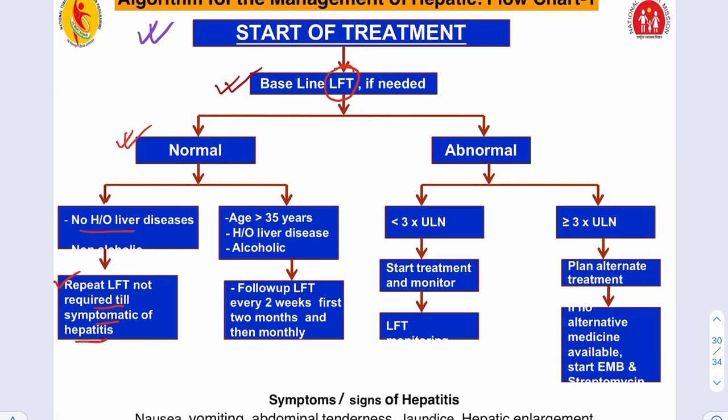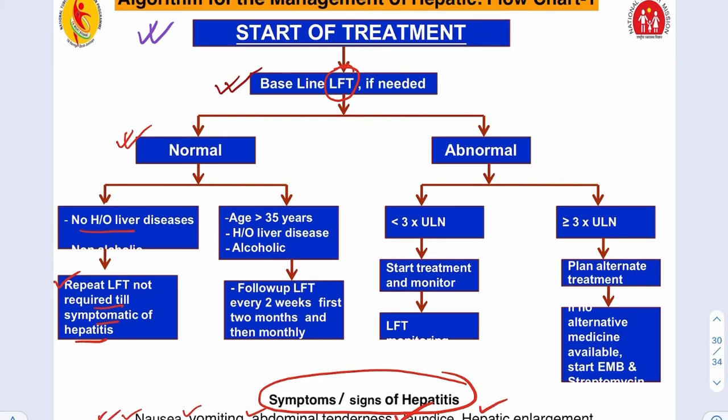Now, what are the symptoms or signs of hepatitis? There may be nausea, vomiting, abdominal tenderness, particularly tenderness in the right upper abdomen. There may be presence of jaundice and hepatic enlargement. So these are a few signs of hepatitis.